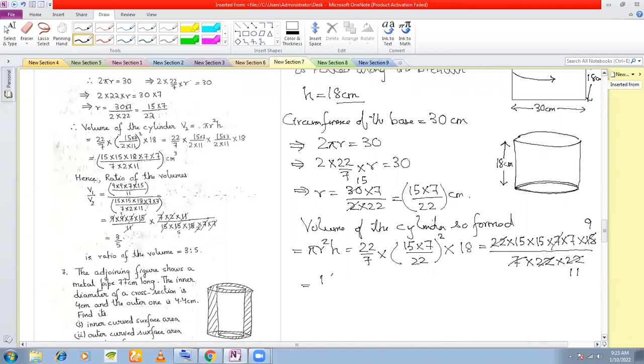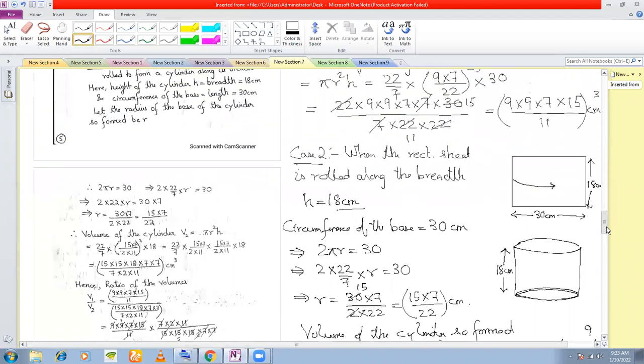So you're getting here 15 into 15 into 7 into 9 divided by 11. Okay, this much centimeter cube.